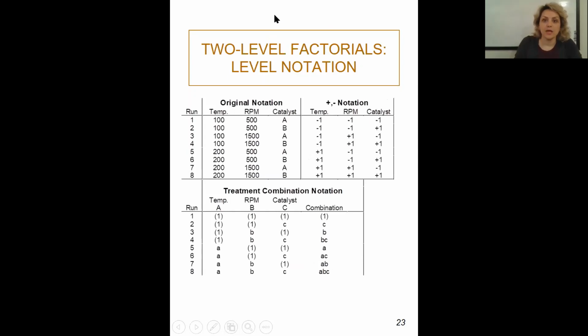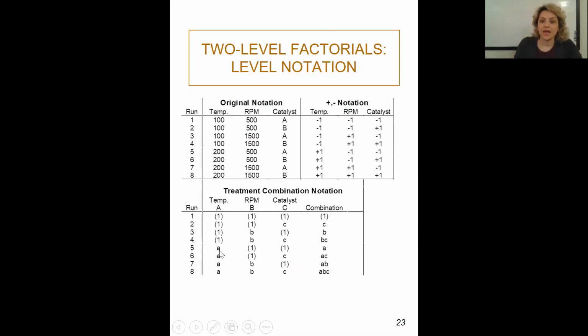Okay. So here is the coded version of it. We would have the original notation as the temperature, RPM, and catalyst. And then we would have the temperature, RPM, and catalyst in negative and positive one.